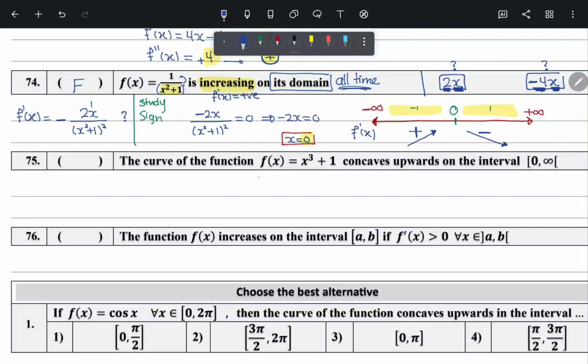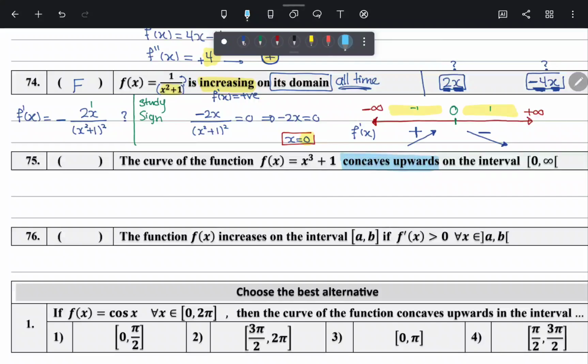The curve of the function f of x equals x cubed plus 1 concaves upwards on the interval from 0 to infinity. Let's check that. Look, if it was, say, not cubed but squared, it would concave upwards. Yes, we said yes, we look at the sign of course. So this one here concaves upwards. It means we want to check which derivative?